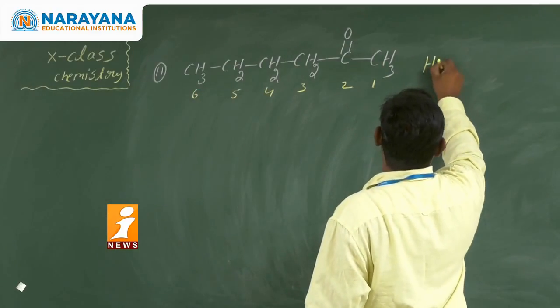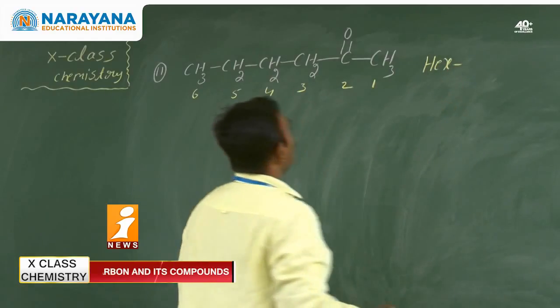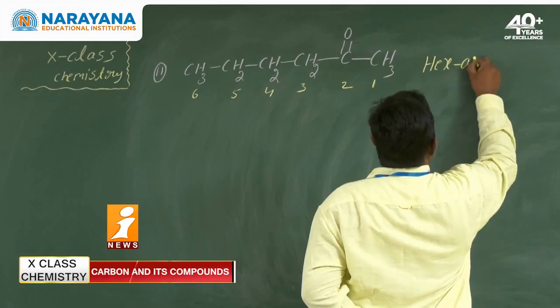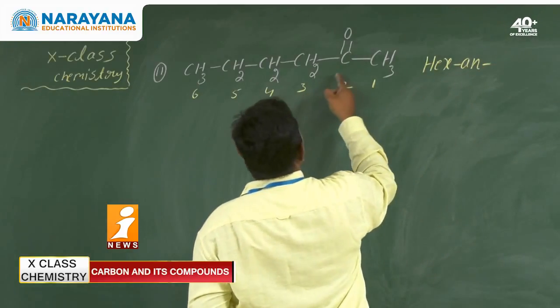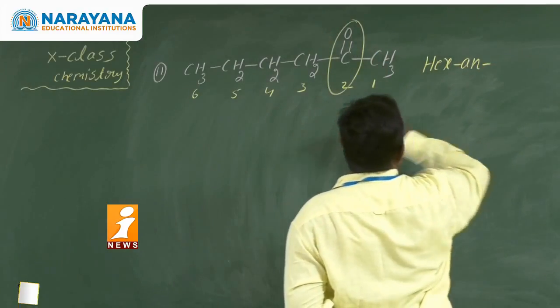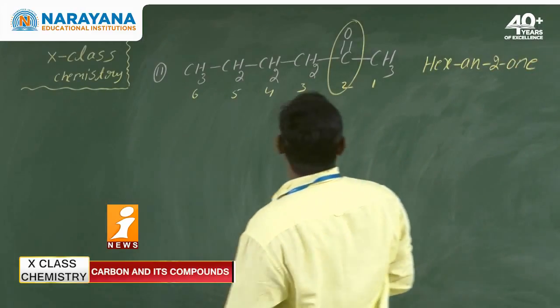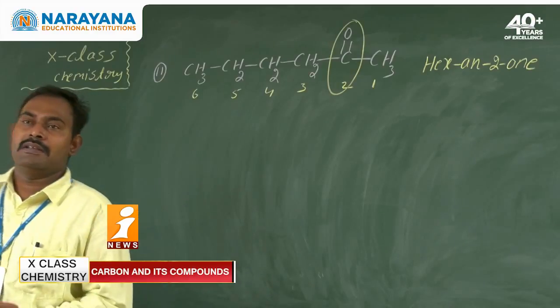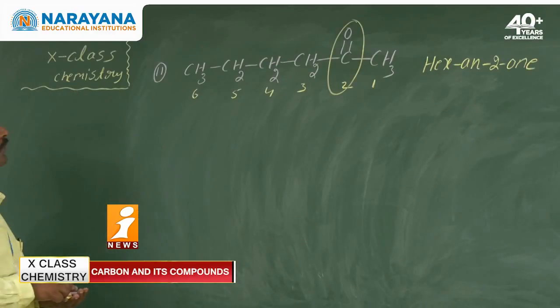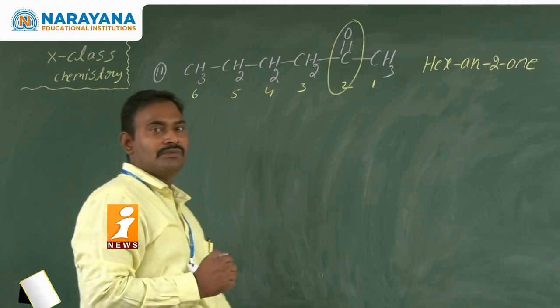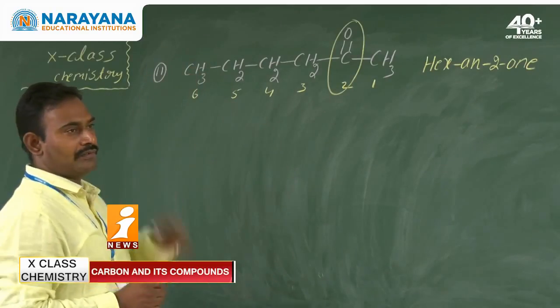What is the root word? Hex. All single bonds only, so an; the E will be cancelled. Next, the position of the functional group is 2-one. So the name of this compound is hexan-2-one. Now we will discuss examples with prefixes also.